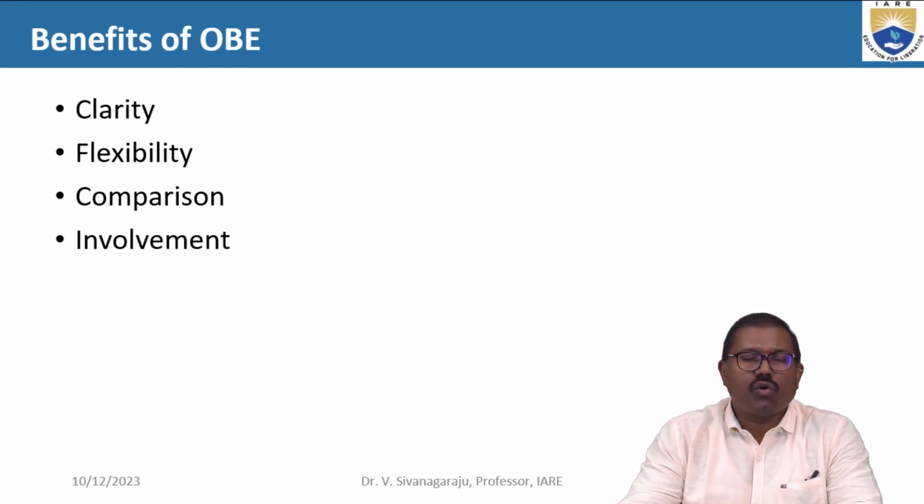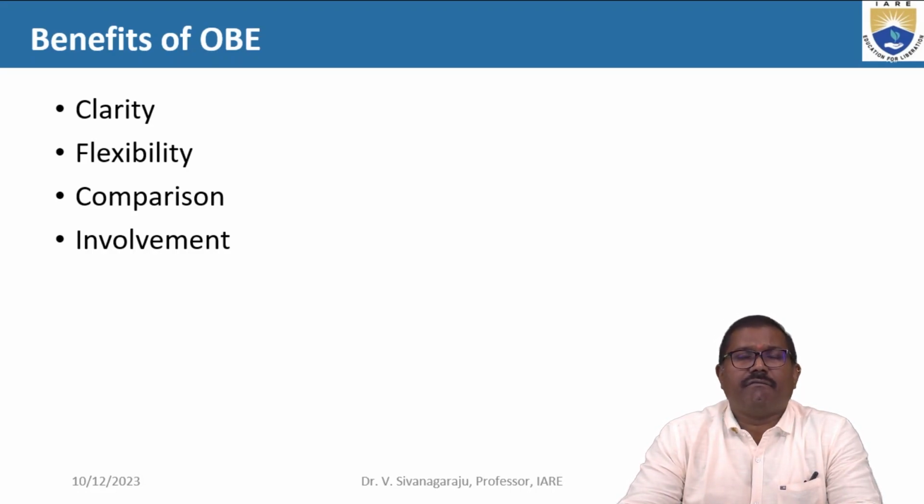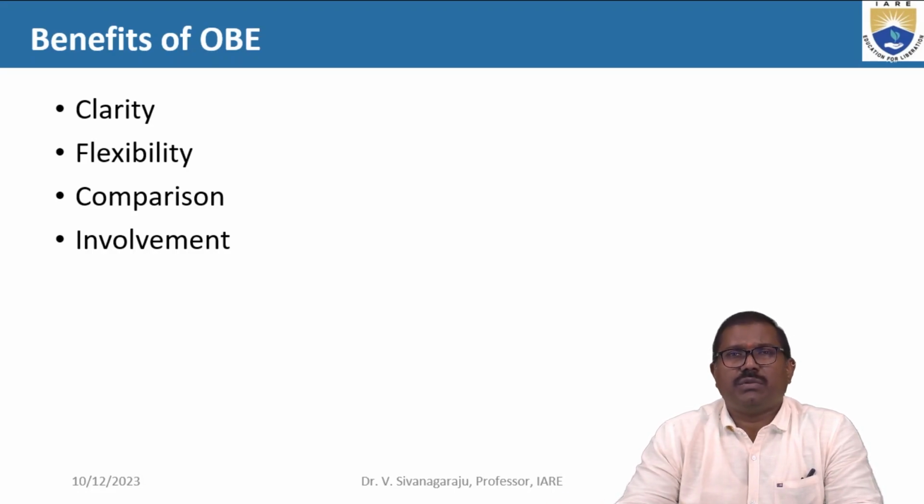We are taking all the feedbacks from those stakeholders, and we can change our curriculum so that you have flexibility in the syllabuses. Comparison: we are going to compare every year whether our outcome is improving or not. If we are not getting any improvement, then we are going to change that pattern or syllabus or curriculum, whatever it may be.